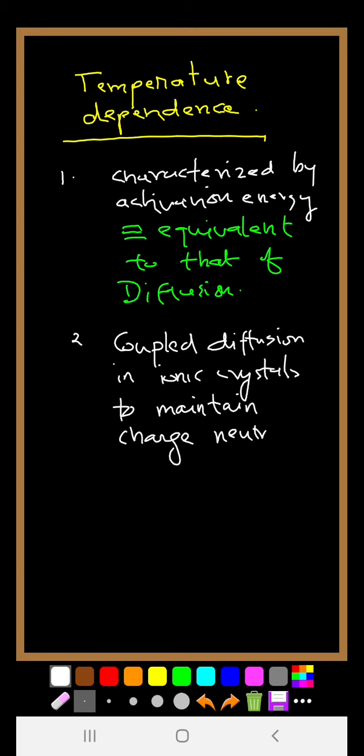That means if there is a diffusion of the cation taking place, there has to be a corresponding parallel diffusion of the anion, so that the charge neutrality is maintained. This leads to something called ambipolar diffusion.